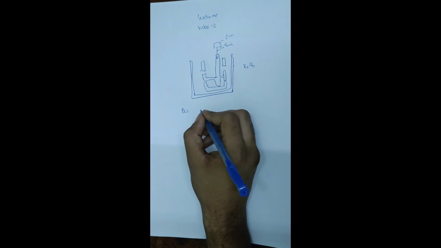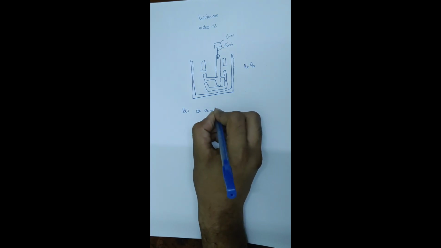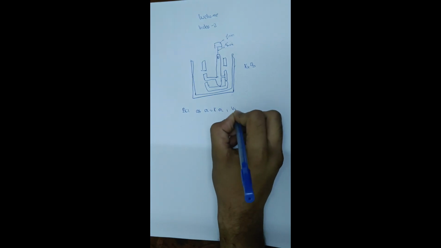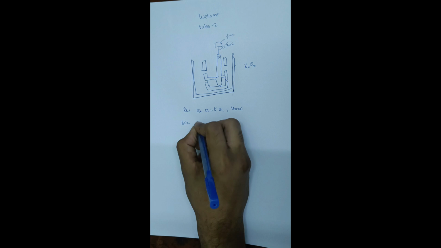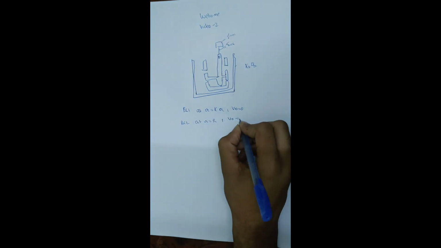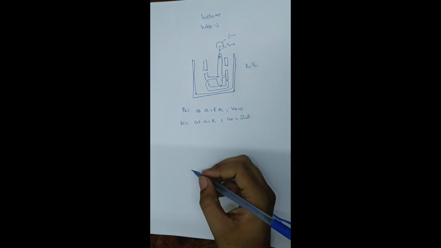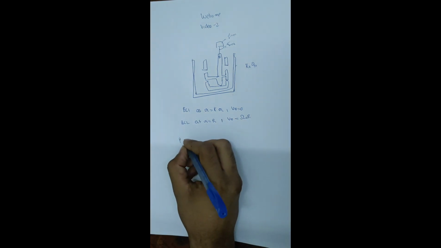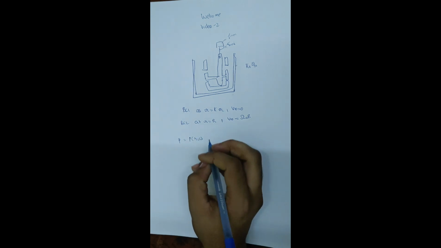Boundary condition 1: at r equal to kappa R, v theta is equal to 0. For the second boundary condition, at r equal to R, v theta is equal to omega naught times R. We also know that pressure will be a function of r and z.